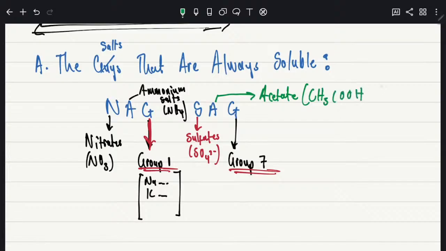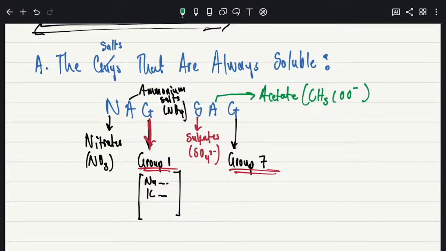But now you remove the hydrogen and you get something like this. So this is where you have these acetates.